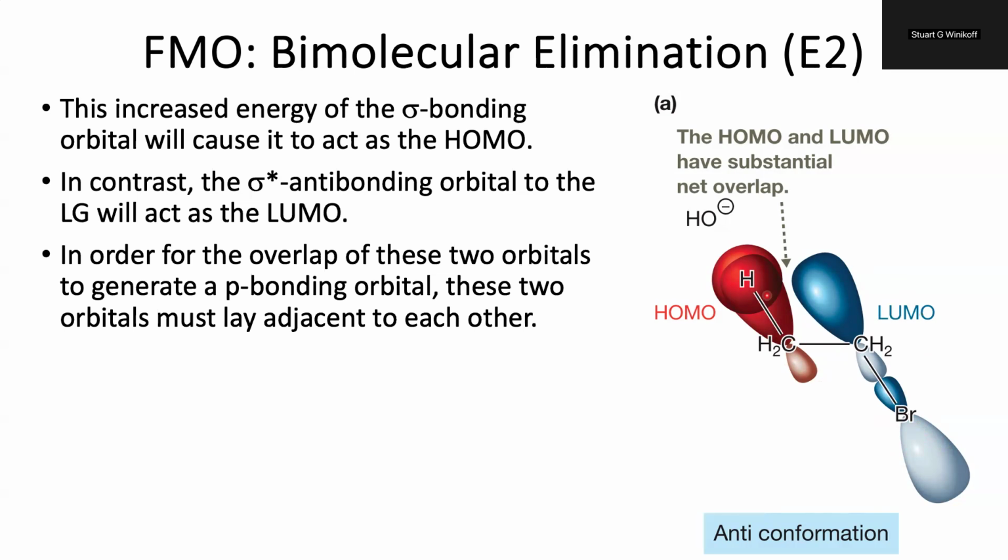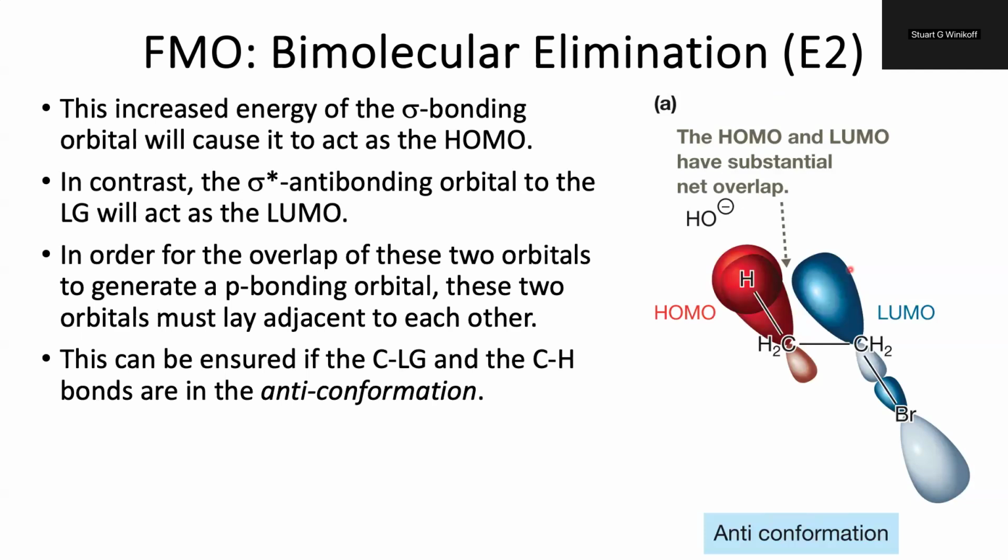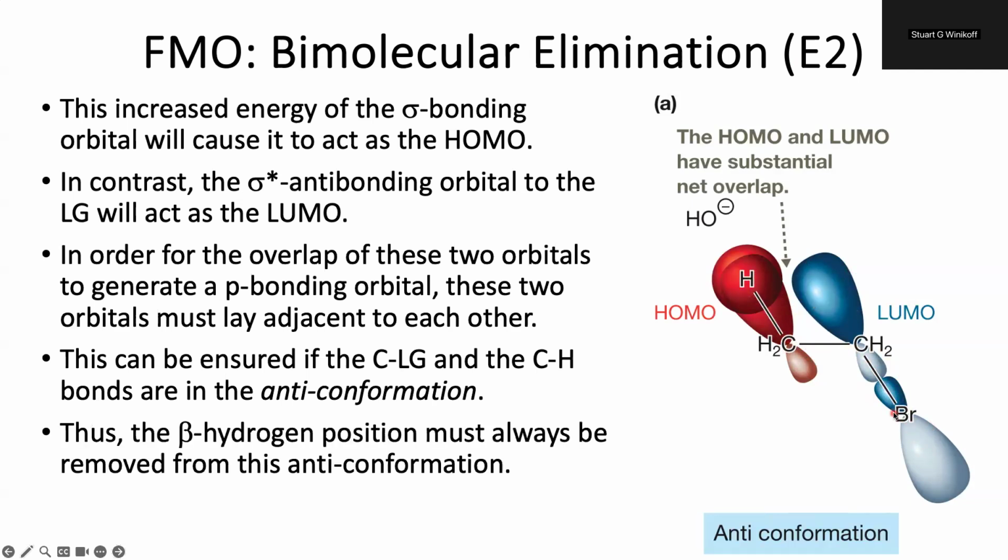But in order to do this, these two orbitals need to lie adjacent to each other. One of the best ways we can do that is by ensuring that the carbon leaving group bond and the carbon hydrogen bond are in the anti configuration, again like the E configuration we saw in alkene chemistry. If these two groups are anti to each other, all the orbitals line up beautifully.